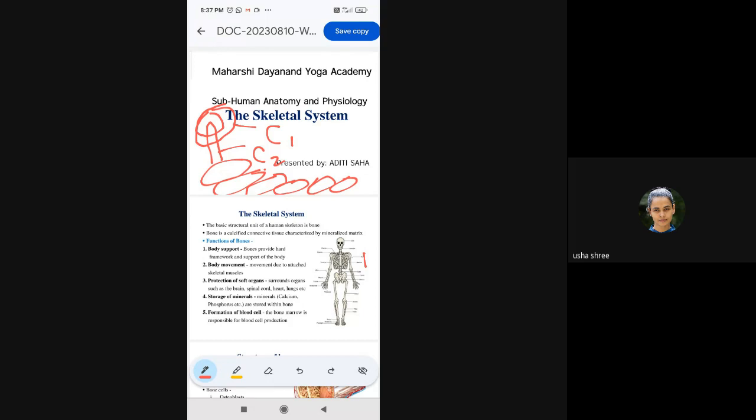Ma'am, I have a question here. The rod-shaped structure, which you're calling C2, is only until where C1 ends. It doesn't go down to C3, C4. Are those ring-shaped structures called C3, C4, and so on? No, we are talking about only bones here. I think you are confusing it with the spinal cord.